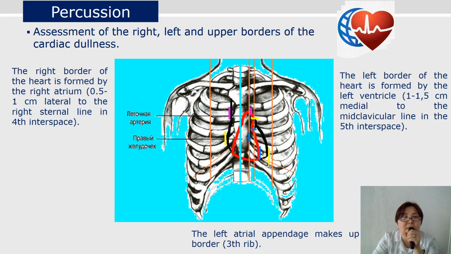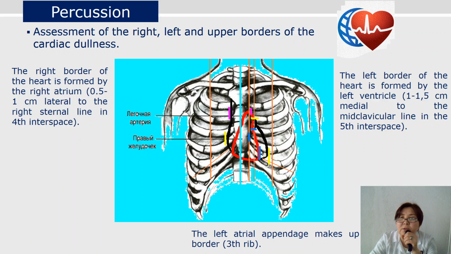Assessment of the right, left, and upper borders of the cardiac dullness. The right border of the heart is formed by the right atrium, 0.5 to 1 centimeter lateral to the right sternal line in the fourth interspace.